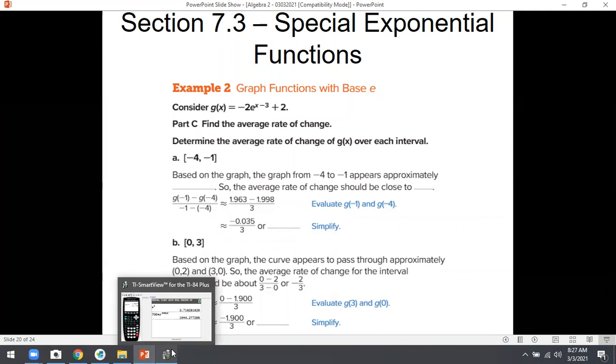Last time I found it very helpful for you guys to not write it like this, just to say, well, can you just find me some x and y coordinates and just do rise over run like normal? So can you plug -4 into your equation? Take a minute. Plug -4 into that equation, and we'll just see what the y value is. The equation again, -2e to the x minus 3 plus 2.